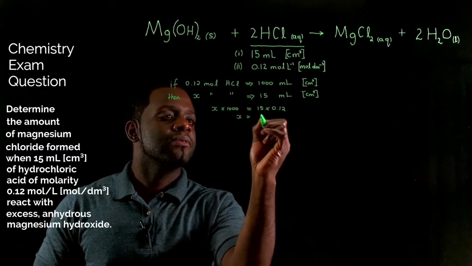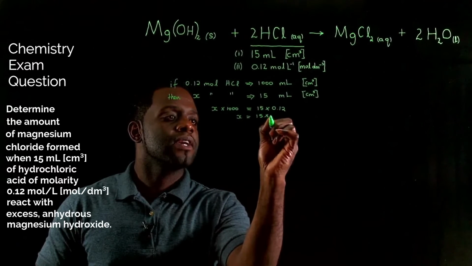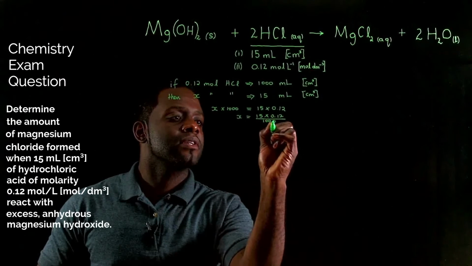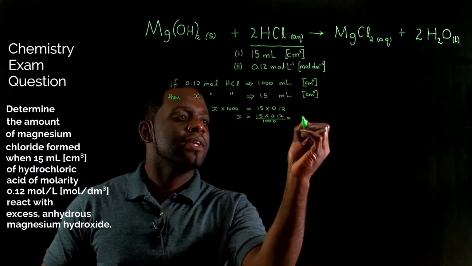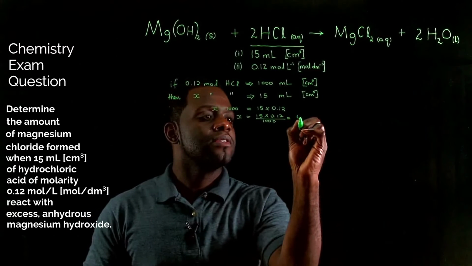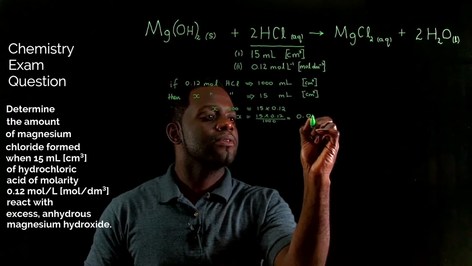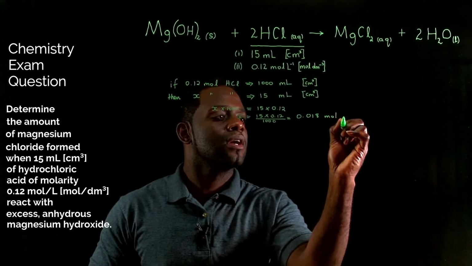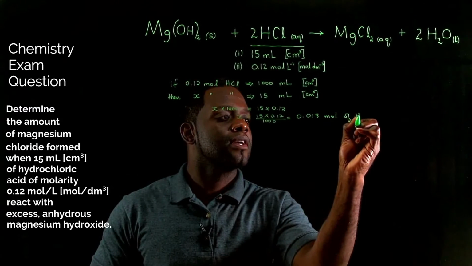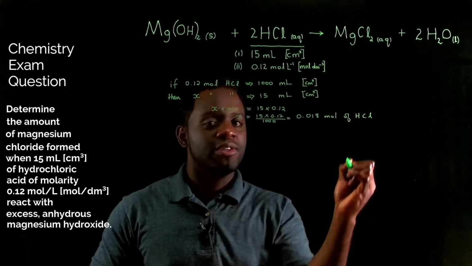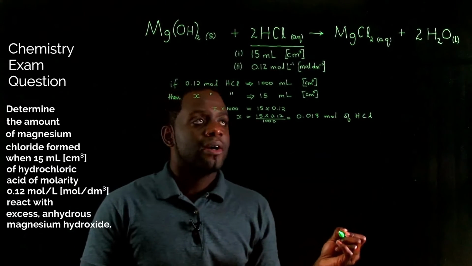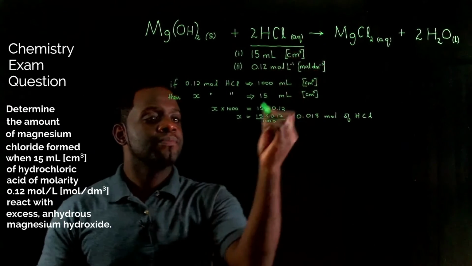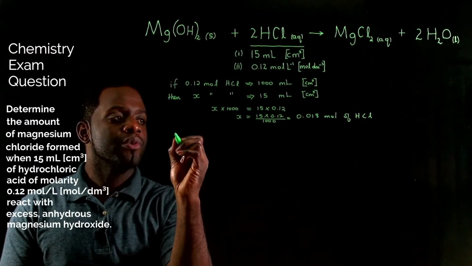X is equivalent to 15 times 0.12 divided by 1000, and that value is 0.018 moles of hydrochloric acid used.